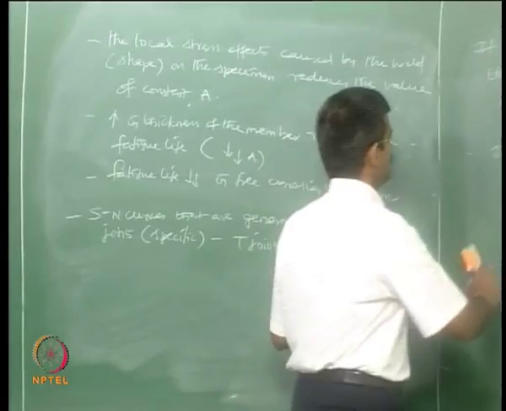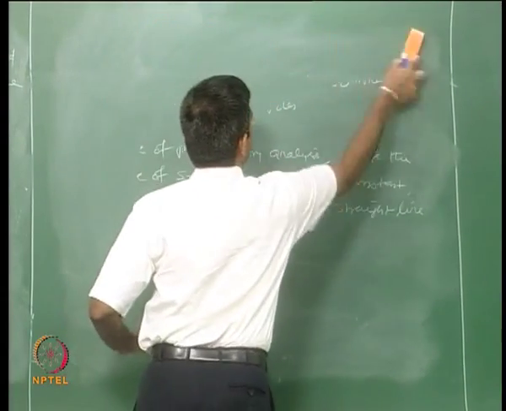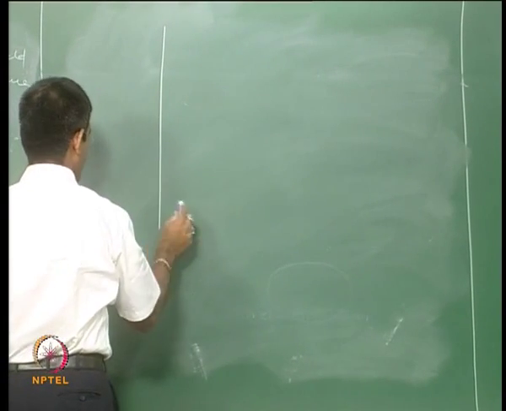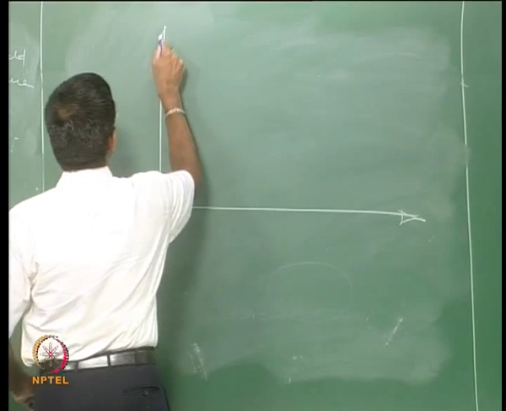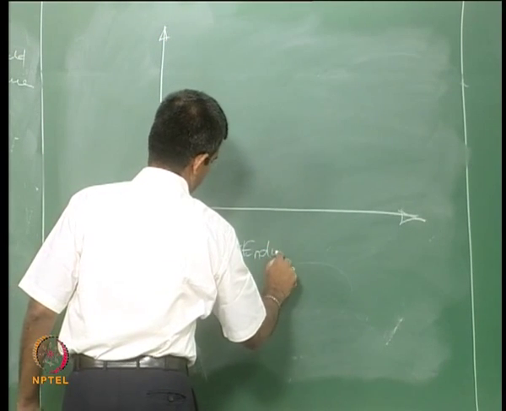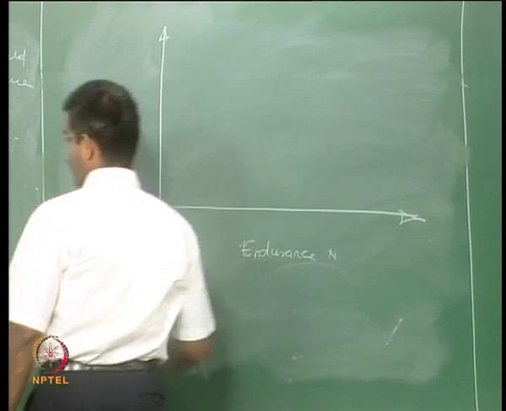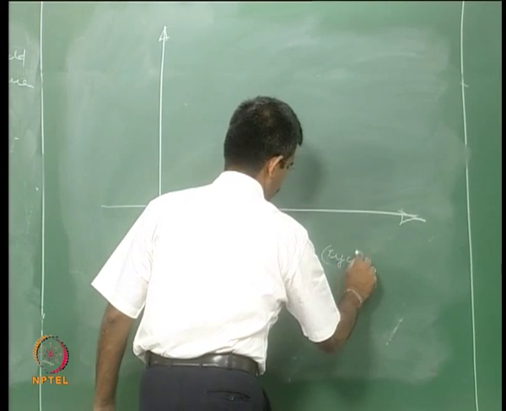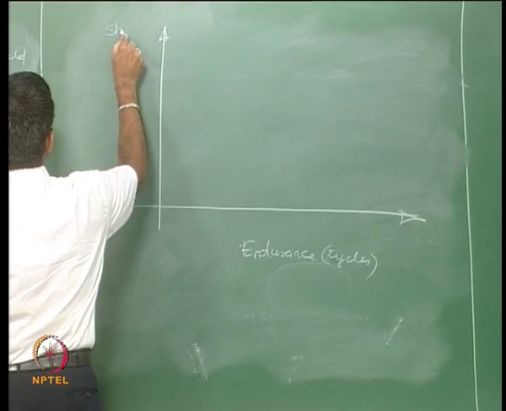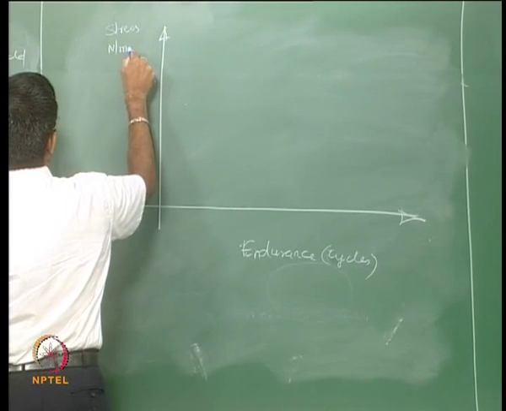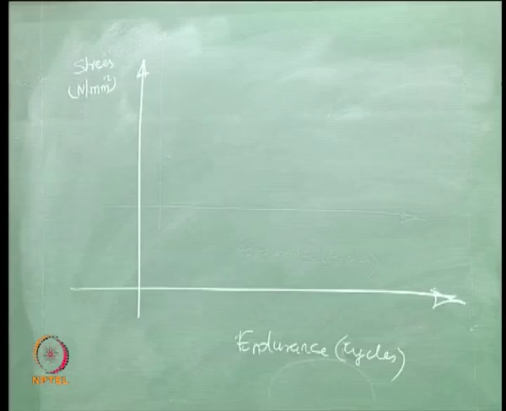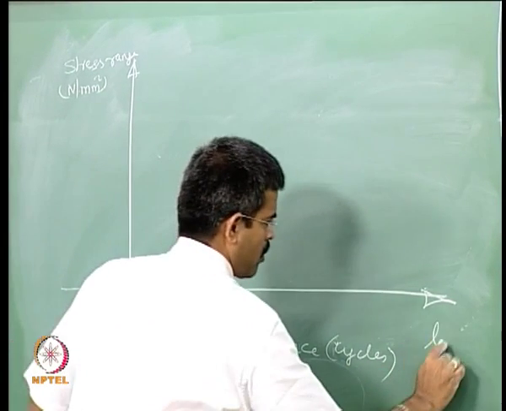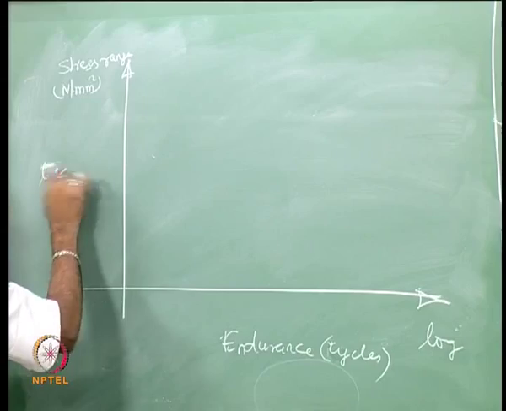A typical T curve or UK T curve looks like this. This is also a log scale.